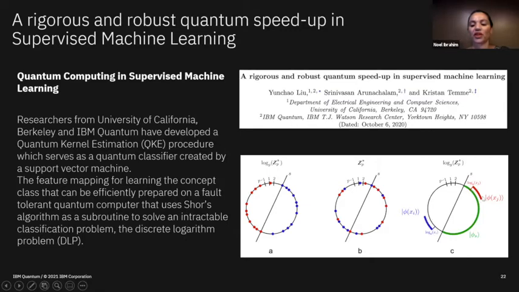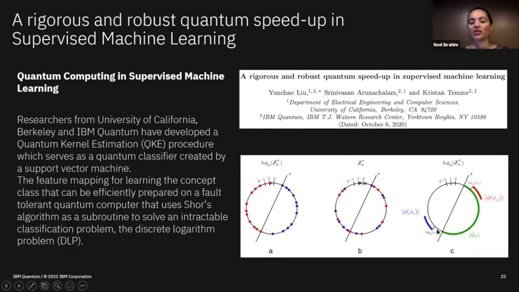Essentially, the wave function that is formed is a function of the data point itself, and it forms a superposition of wave functions, which are very much separated by this large margin right here.